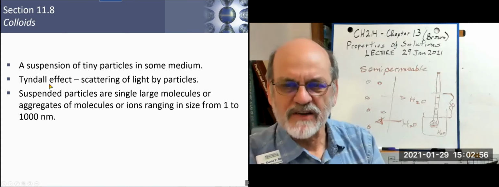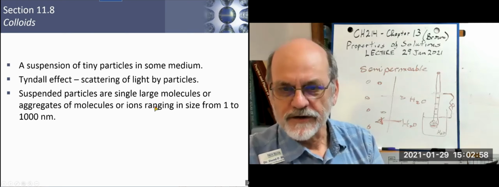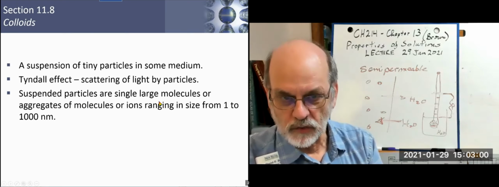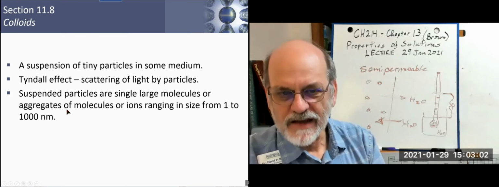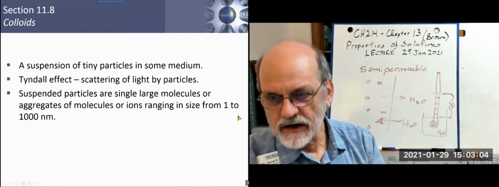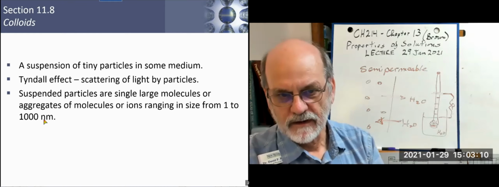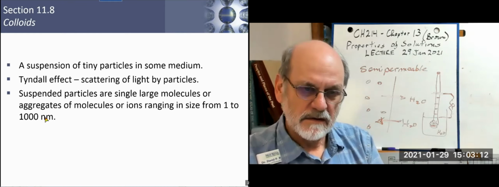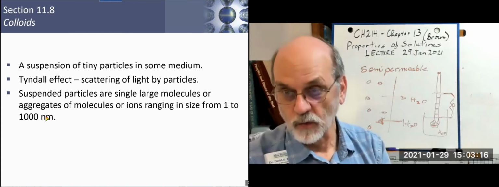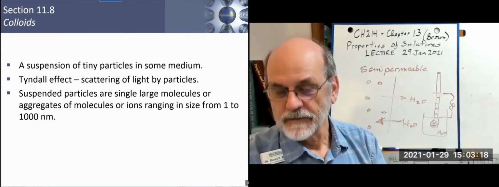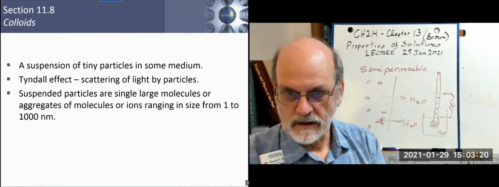Colloid is based primarily upon the size of the solute particle. So if the size is less than 1,000 nanometers, that would be a micrometer, 1 micrometer or less, then you can get colloids.